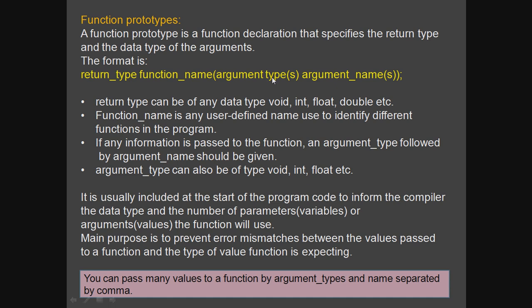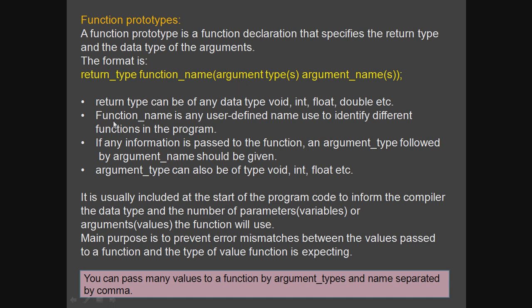In this case, the argument type refers to the variable data type. You may declare as many argument types as you want, separated by commas, or as many argument names as you want, also separated by commas. So this function can pass as many arguments as you want. The arguments are called values, and we refer to the variables in this function chapter as parameters.